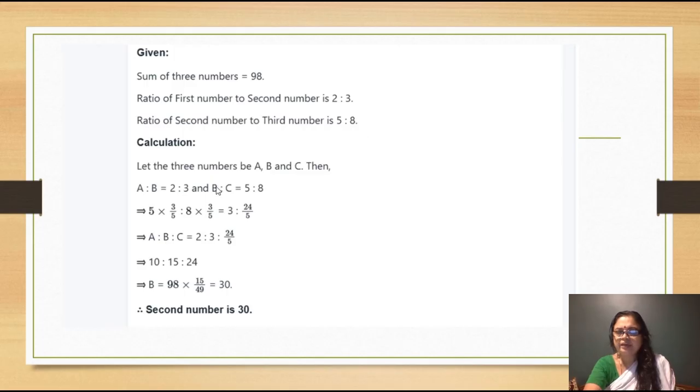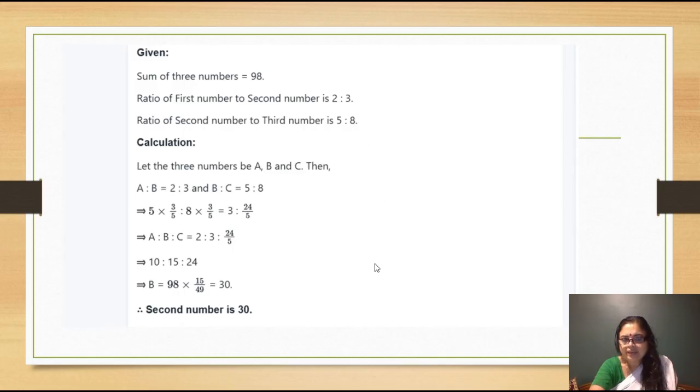So here, to find the value of B to be the same, we need to multiply each ratio by appropriate values, isn't it? So here what I am going to do is multiply the second ratio, that is 5:8, by 3 by 5. You have 2 ratios, isn't it?